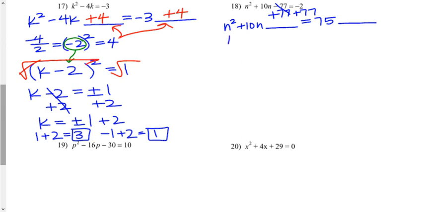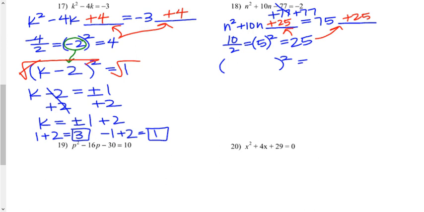Now I'm going to take my b value, which is 10, divided by 2, and square that number. So now this is what goes here and here. I add it to both sides. All right, my left side is going to turn into a binomial squared, and then my right side is going to be 100, actually. 75 plus 25.